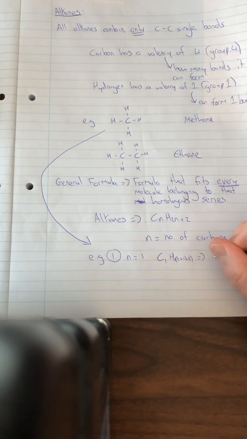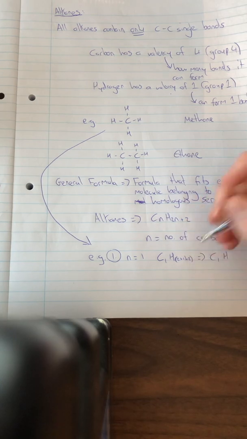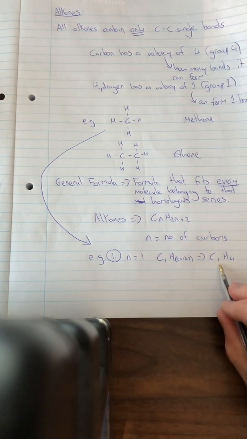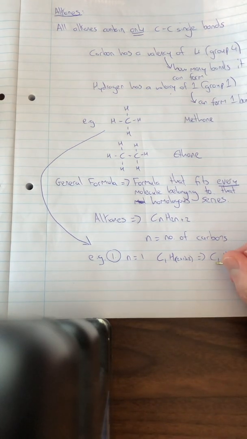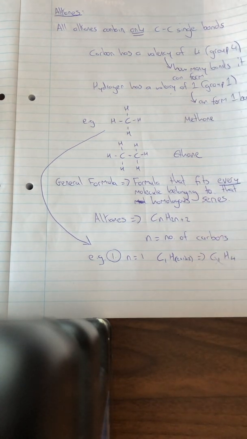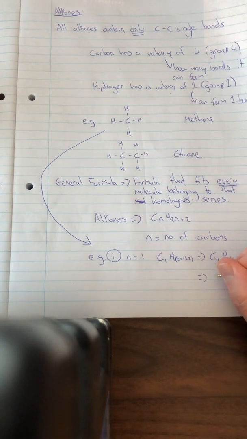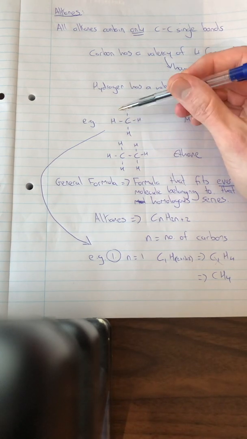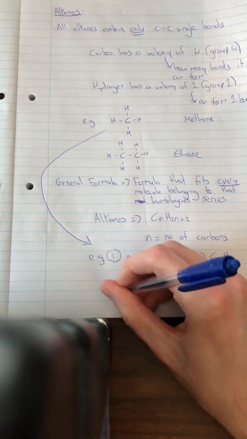So that becomes C1H, 2 times 1 is 2, add 2 is 4. Now if you remember from atomic theory, if there's a 1, we sort of ignore it, so that becomes CH4, and if you look at that molecule, there it is, 1 C, 1, 2, 3, 4 hydrogens.